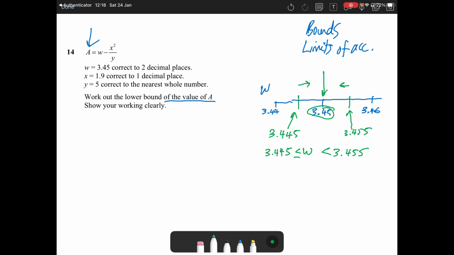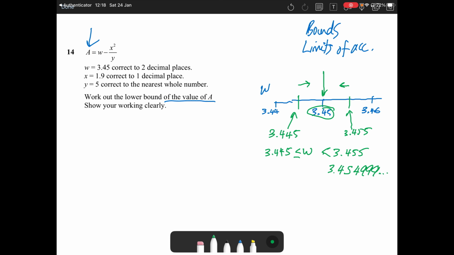Notice I haven't written the extra line here. The reason is that if it was exactly 3.455, it would actually go to 3.46. So by not putting the extra line underneath, I'm saying this is the upper limit. We can get extremely close to 3.455. For example, you could write 3.4549999... which is extremely close, but not exactly.